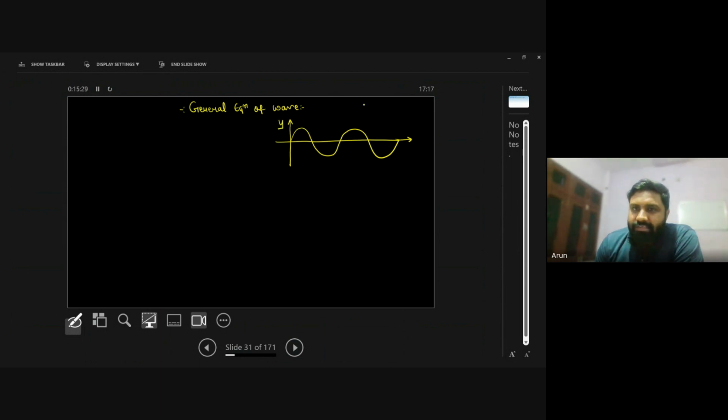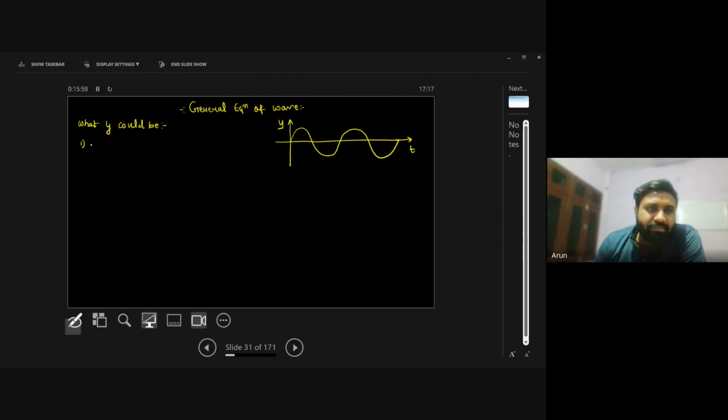Y is the displacement of any physical quantity, and I will ask you what that y should be, and here we have time. Now what are the possibilities for y? What could y be?